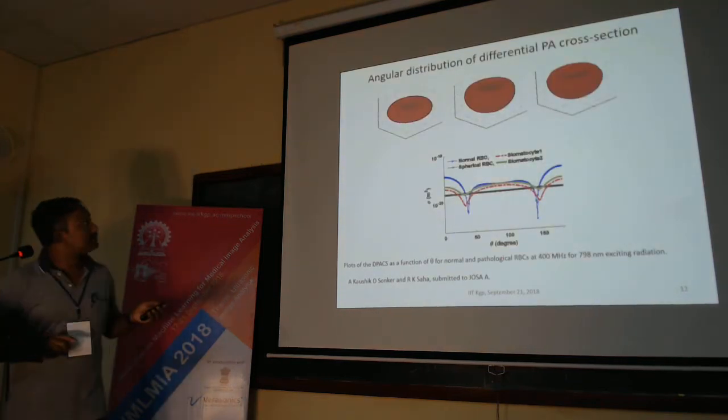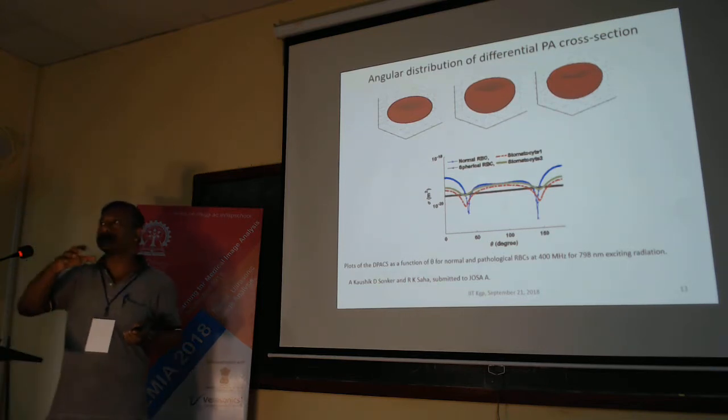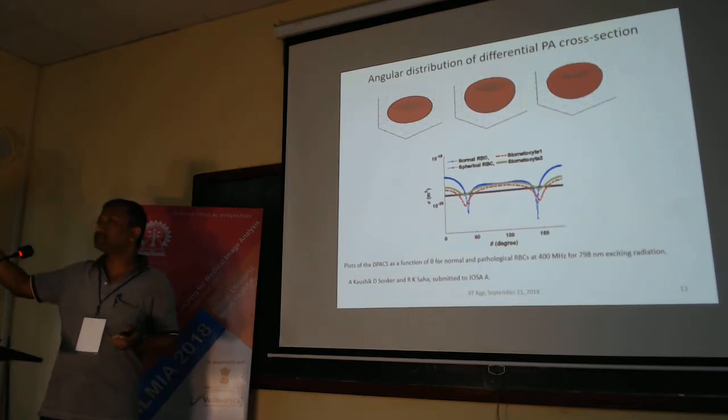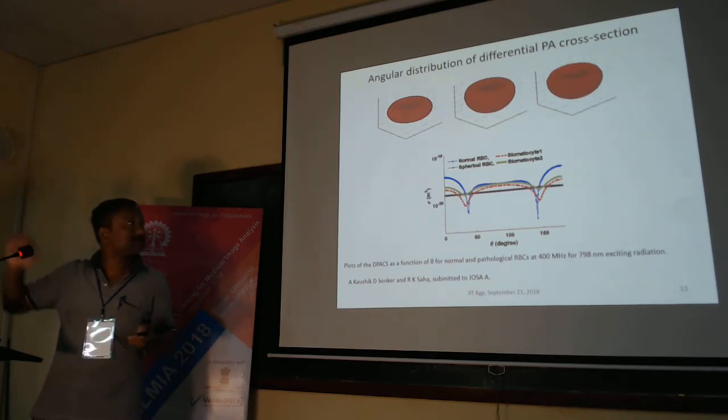So you see, these are the three different shapes, and we have three different plots: blue for this, green for this, and red for this, and a black line for a sphere. Black line because for a sphere we don't expect any variation. Cross section will be the same from any direction.